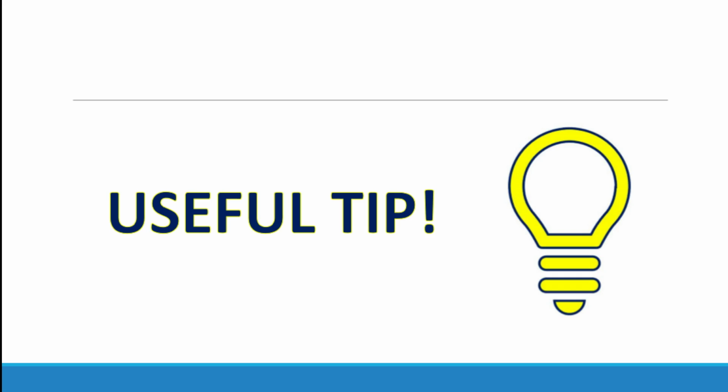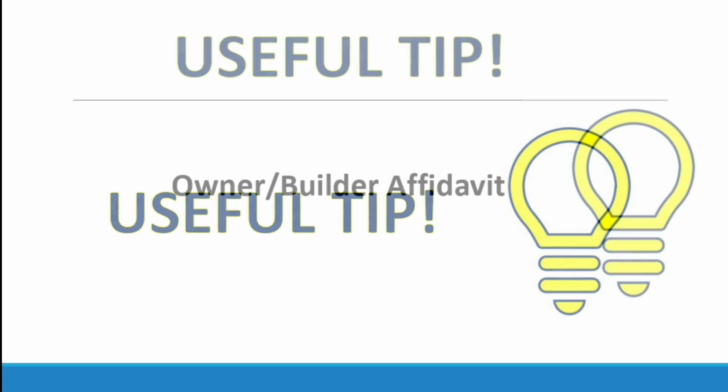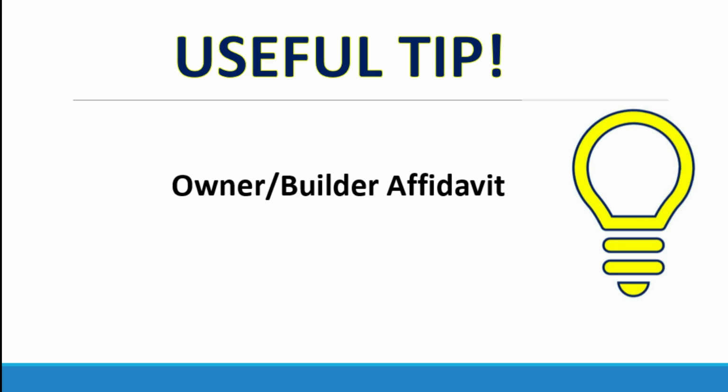Here is a useful tip regarding owner builders doing their own work. Owner builders doing their own work may have to certify through an affidavit that they are indeed conducting their own work. Please check with your local building department for owner builder requirements.